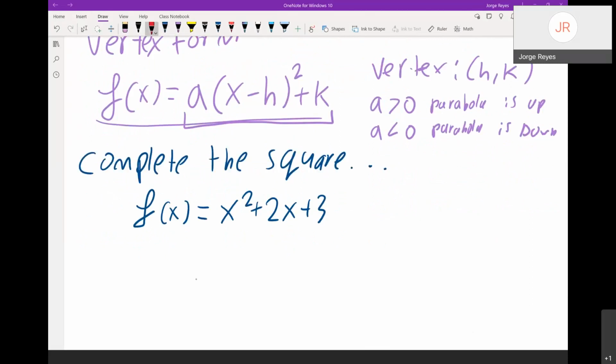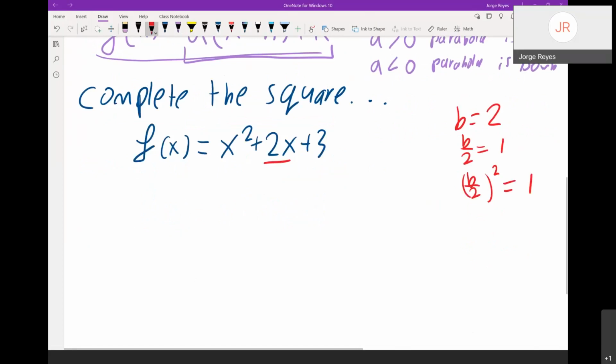So I'm going to complete the square. So b is 2, b over 2 is 1, b over 2 squared is 1. So here I would normally want to add 1 to both sides. But instead, what I'm going to do is I'm going to add the 1, okay? And then I'm going to subtract the 1.